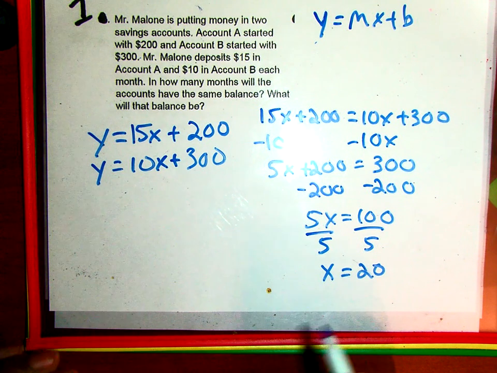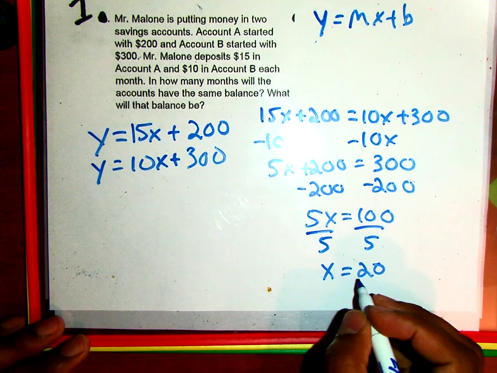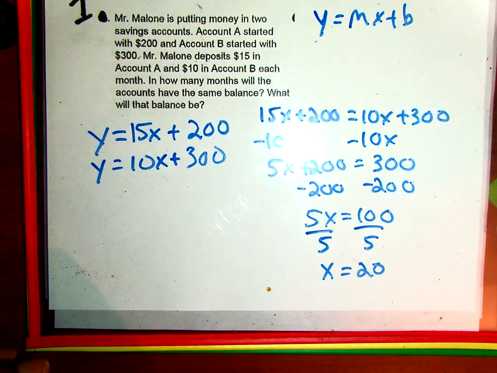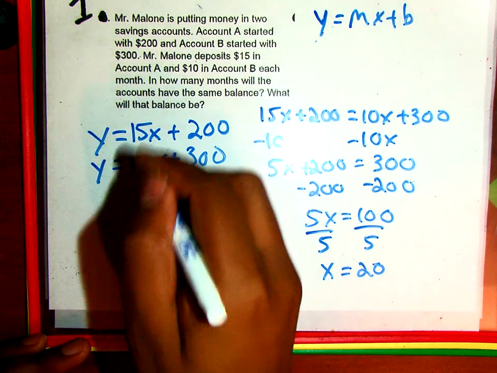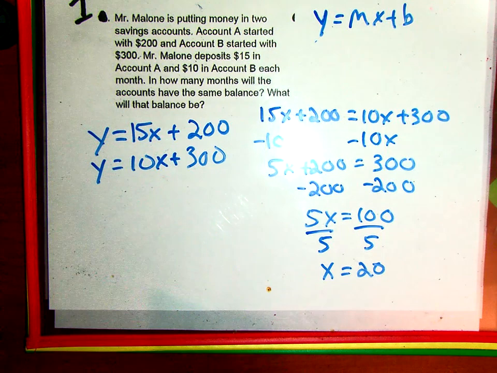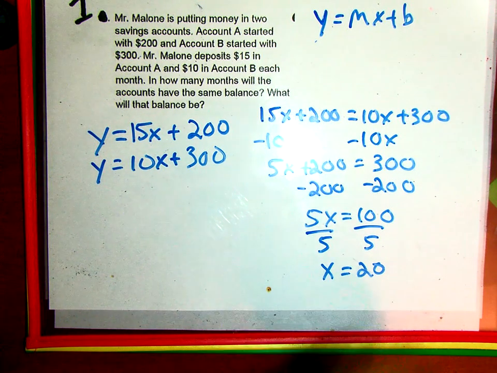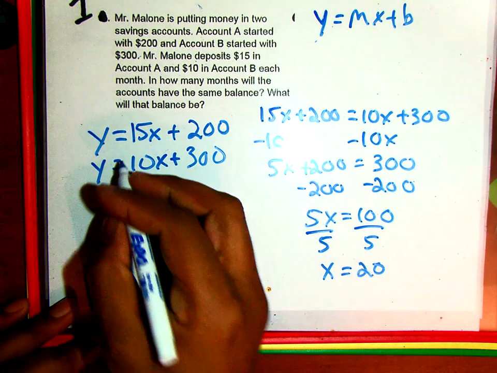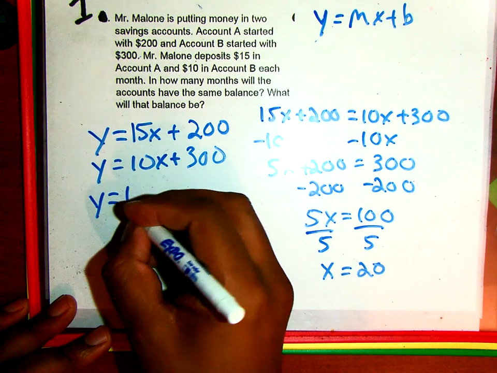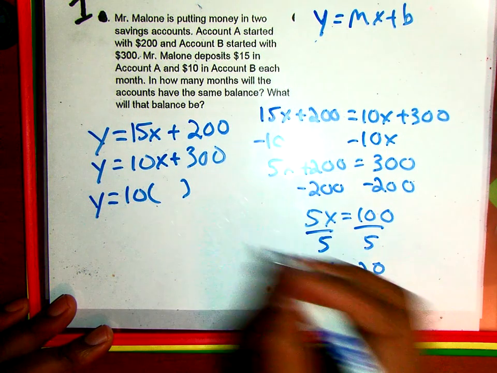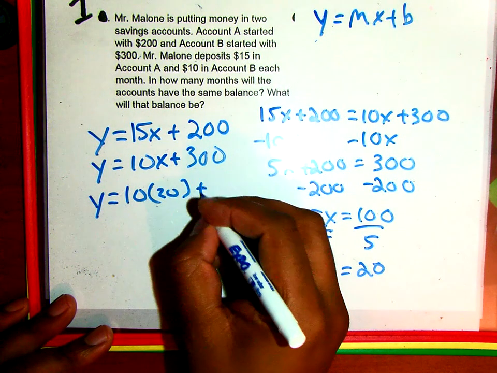All right, now that I know x is equal to 20, I'm going to plug it in and solve to figure out what the balance will be. So the 20 represents the months. When I plug into either one of these equations, that'll tell me what the balance would be in that savings account. So I'm going to take the 10x plus 300 and say y is equal to 10 times 20 for my x plus 300.